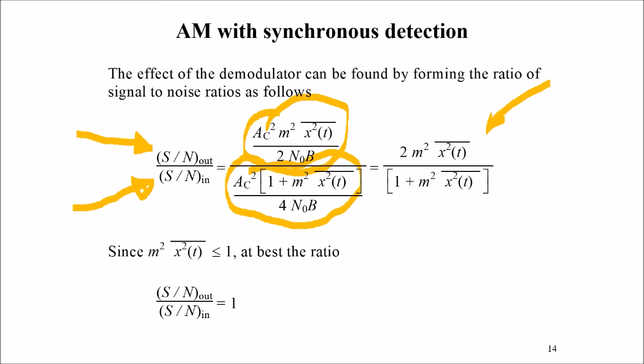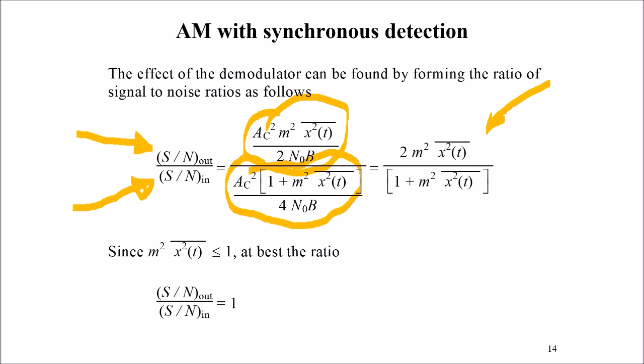Now, at best, the best we could possibly do, this term M squared, we'll set that equal to 1. That's the best we would be able to get.